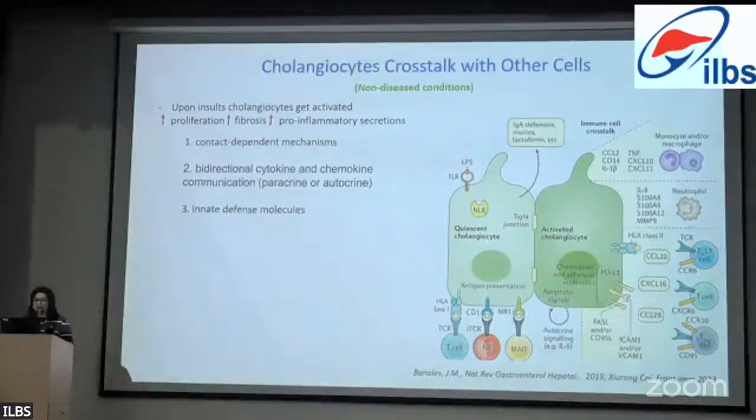One is a direct contact dependent mechanism. Second, there can be bidirectional cytokine and chemokine release, which could be paracrine or autocrine, and they can release innate defense molecules. The major cells involved in immune crosstalk are monocytes, macrophages, dendritic cells, and also neutrophils.